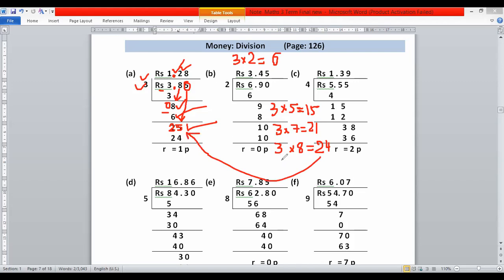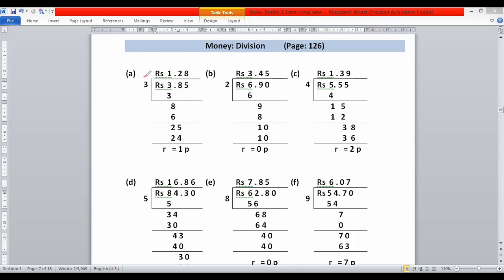When we multiply 3 by 9, we get 27. Dear students, 27 is greater than 25. Therefore, we multiply 3 by 8. When we multiply 3 by 8, we get 24. After that, we subtract 24 from 25. 25 minus 24, 1.